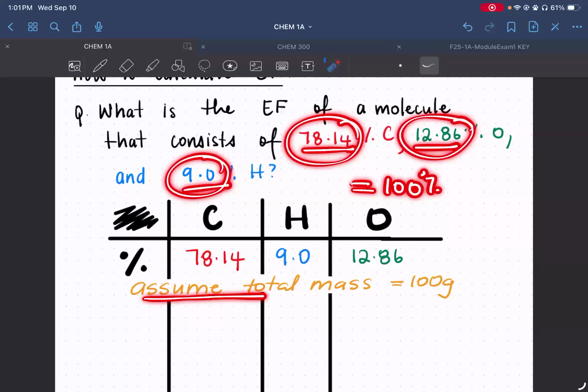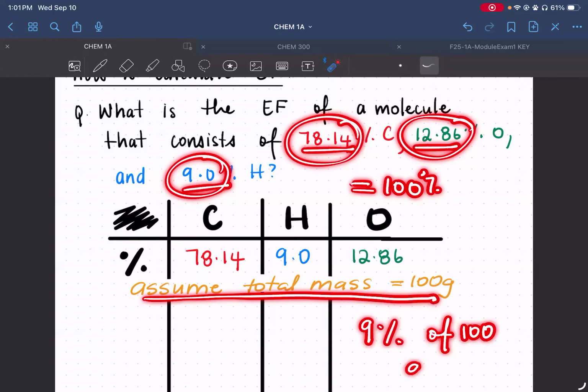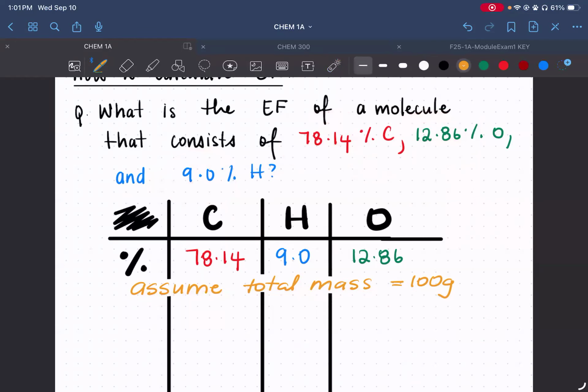So by assuming the total mass is 100 grams, 9% of 100 is just 9. By making this assumption, we can calculate these assumed masses.